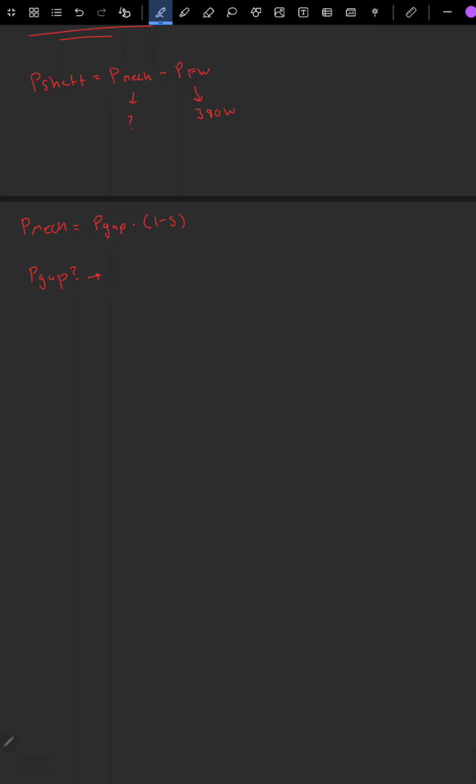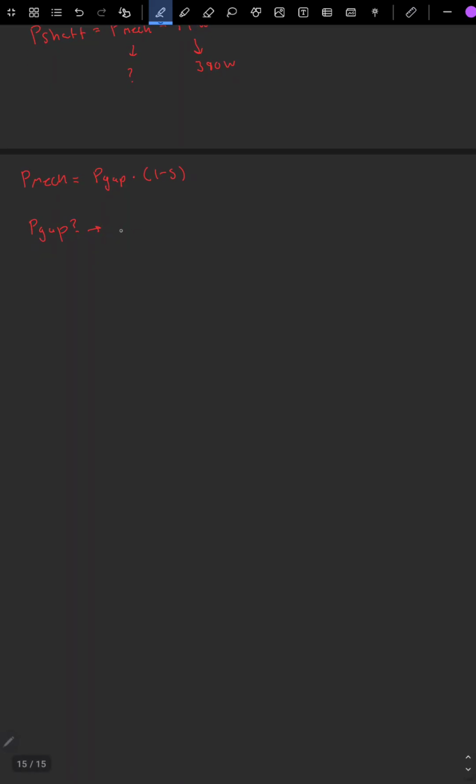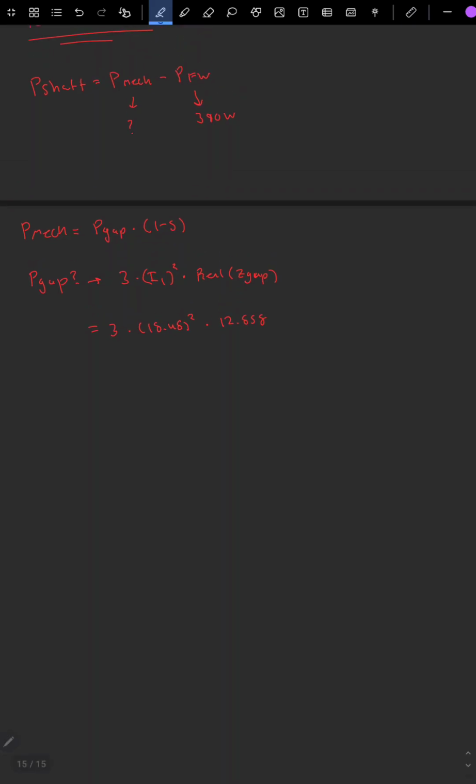sorry, I'm drawing a blank. The air gap power when it's the stator side. So I'm just going to use P gap equals 3 multiplied by I1 squared times the real part of Z gap. 3 multiplied by 18.48 squared multiplied by 12.858.